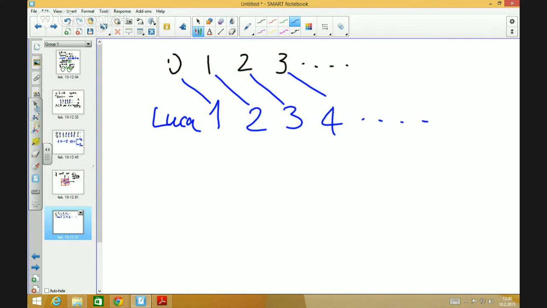But let's make it worse. Now, the infinite Hotel Natura is all full. And there is a bus with infinitely many people coming on. This bus has first passenger, second passenger, third passenger. There are countably infinitely many people on that bus.